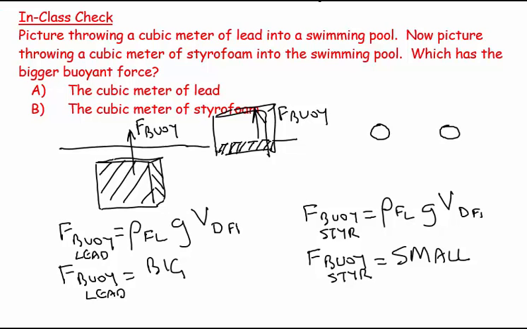The reason why the lead sinks is because even though it's got a big buoyant force, it's got a huge weight. And the reason why the styrofoam floats is because even though it's got a small buoyant force, it's got a tiny weight.